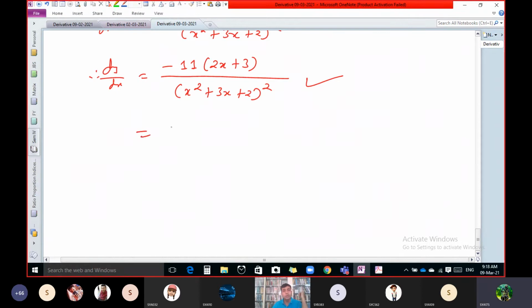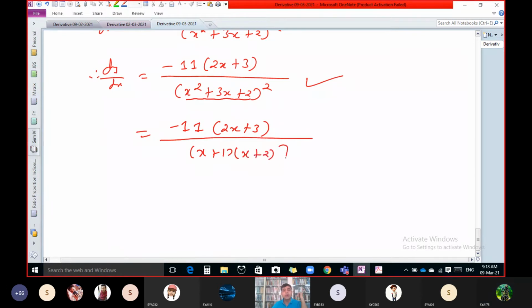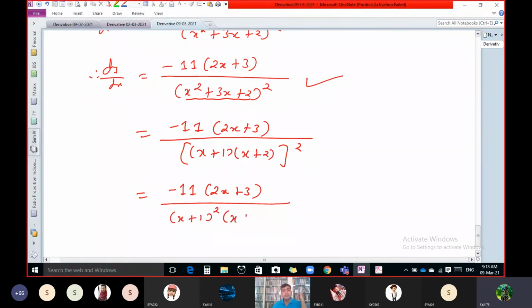But if you want to simplify this, then how to simplify? You can find the factors of this, which is nothing but x plus 1 into x plus 2, and the whole square is there. Now simplify. So we get minus 11 in bracket 2x plus 3 upon x plus 1 the whole square, x plus 2 the whole square.